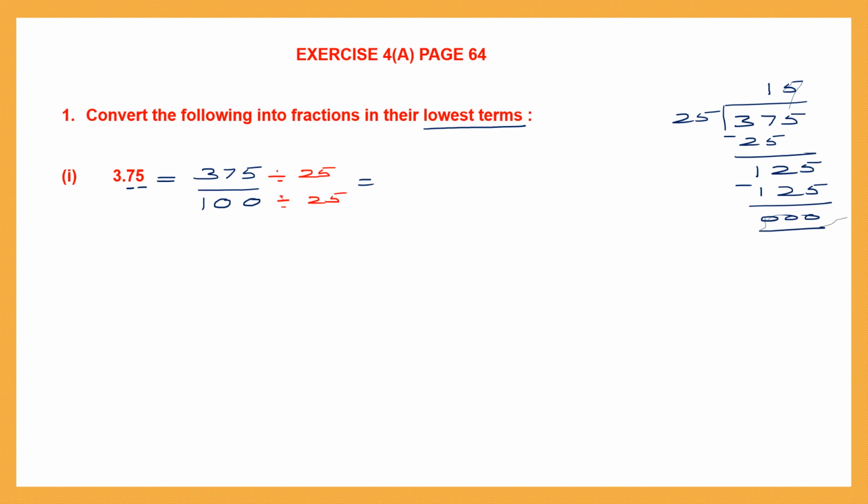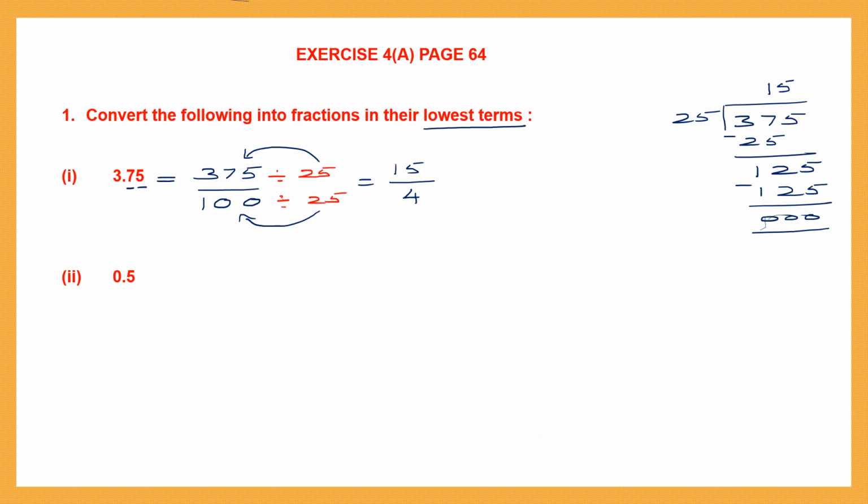So 375 divided by 25 is 15. Now 25 into what is 100? 25 into 4 is 100. So now we have got a fraction which is in the lowest term. This cannot be reduced further. So what is our answer? 15 by 4.